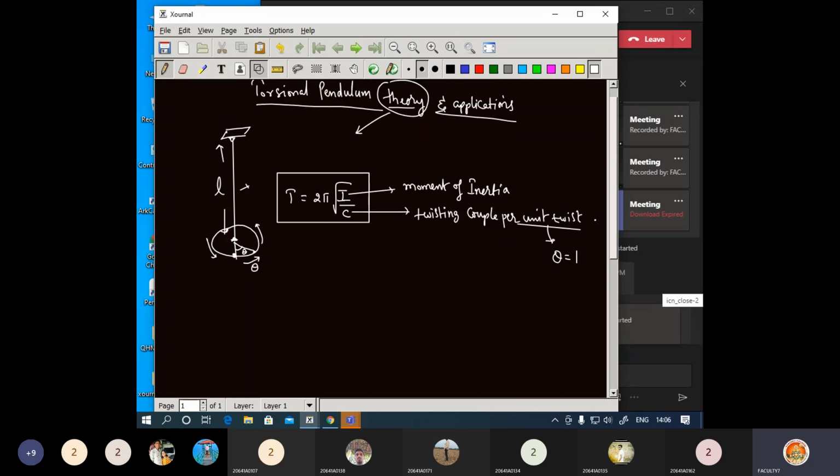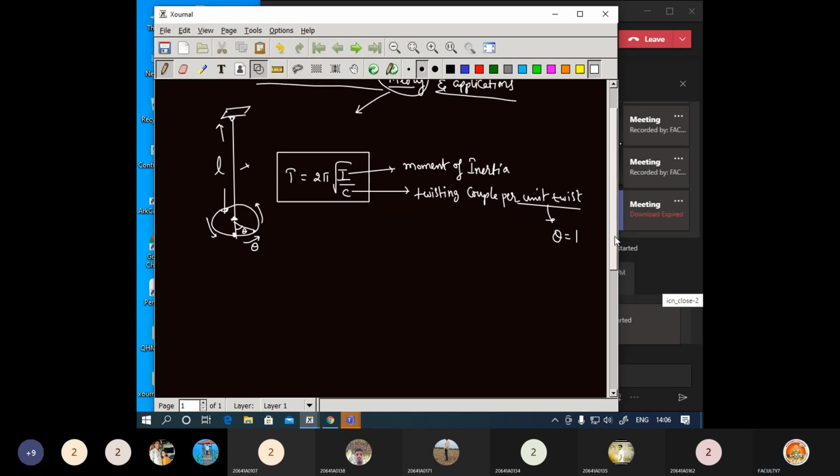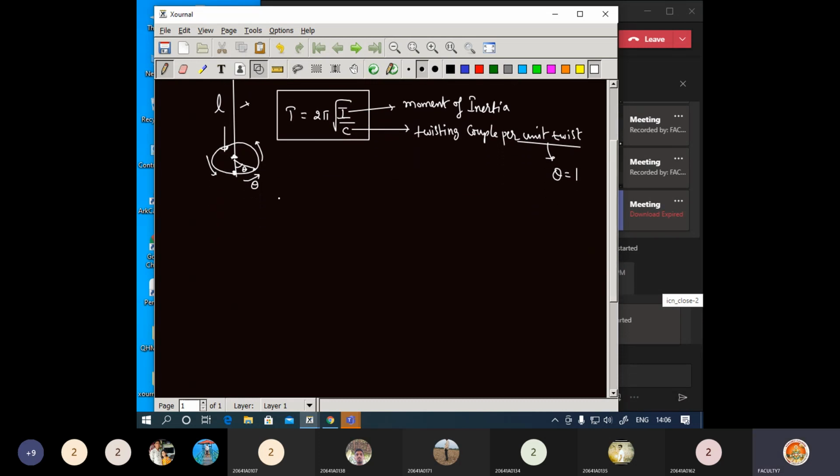Now here we are going to extend this topic and you are going to identify the applications of this torsional pendulum. So here, application: determination of rigidity modulus of a wire.